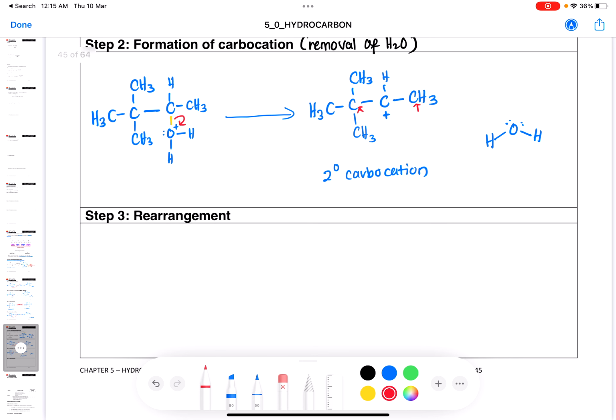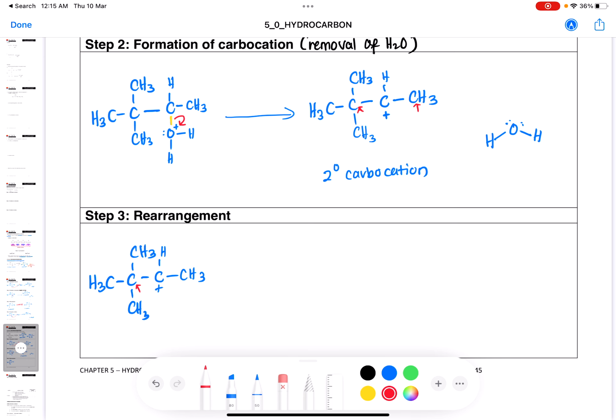So let's see. I'm going to move it to the carbon at the left side, and if you look at this carbon, it is only surrounded with methyl.